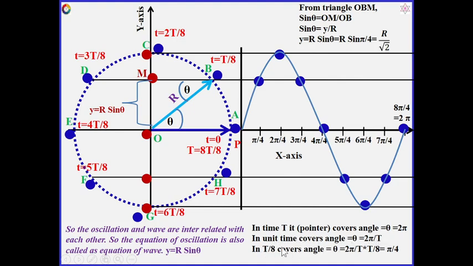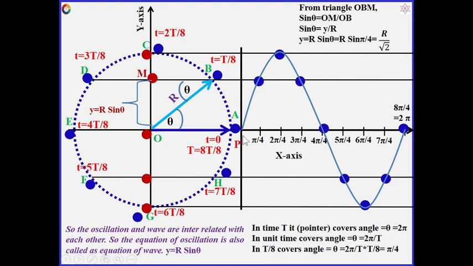So in t by 8 time, that means from A to B, how much time is taken? T by 8. In t by 8 time, it covers an angle theta equal to 2 pi by t into t by 8, which is pi by 4. That means this angle is pi by 4. If I put theta as pi by 4, it will be r by root 2.